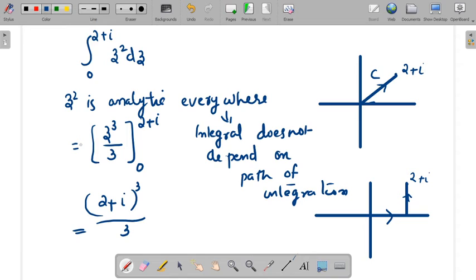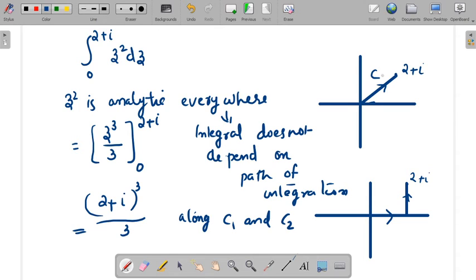Okay, so you should mention these things. Z square is analytic everywhere, so the integral does not depend on the path of integration. So this will be the answer for both the curves.